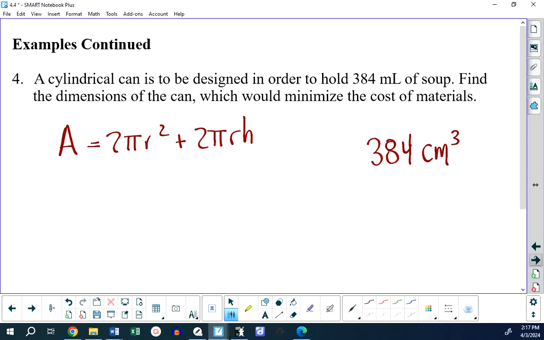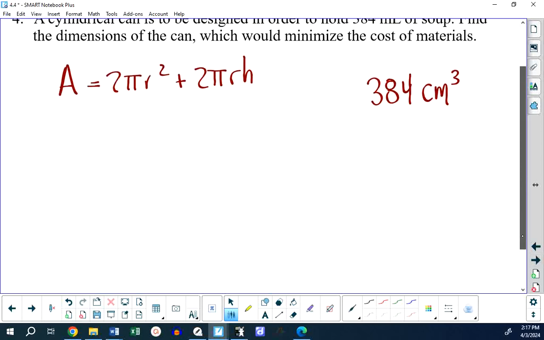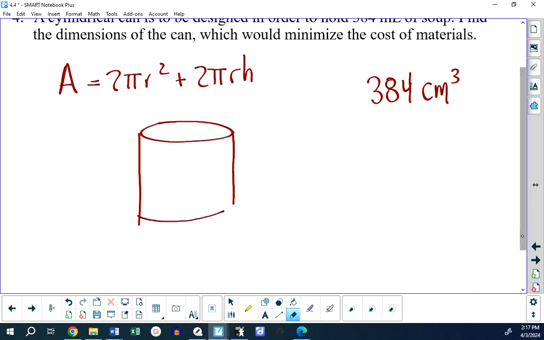And when you take a look at a can, a cylinder, no matter how tall or short it is, what you've got is for area a pi r squared for the top and a pi r squared for the bottom. So that's where that 2 pi r squared comes from.